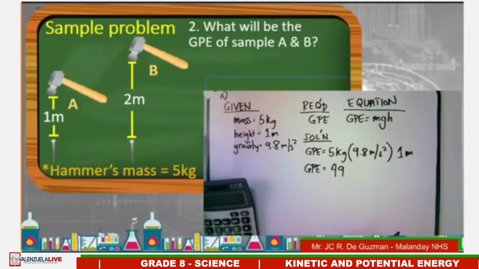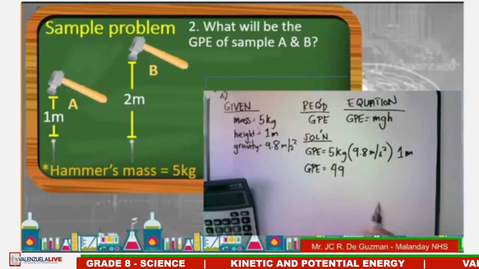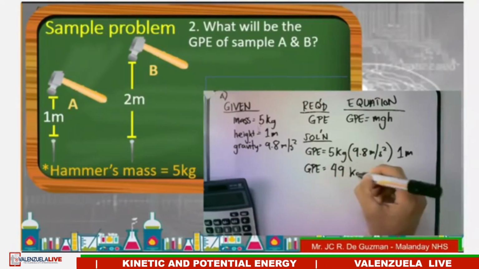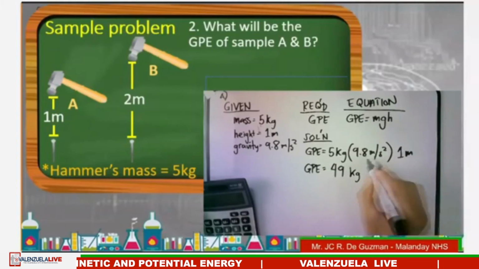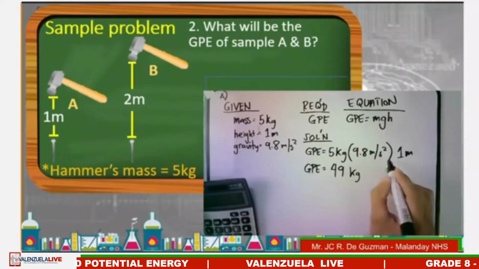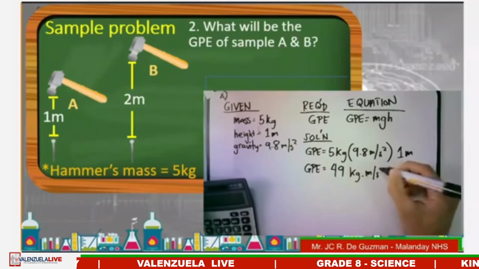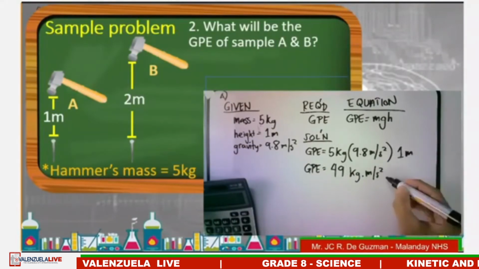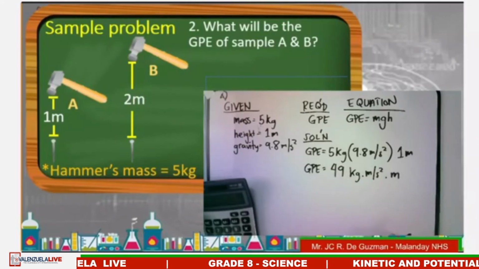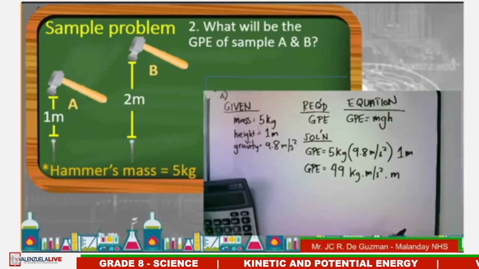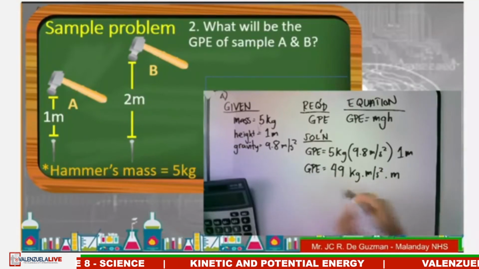The question is, what will be the unit? We just need to copy the units. We have kilogram, and then the unit for acceleration, meter per second squared, then multiplied by meter. You get it? Also, it can be rearranged like this.